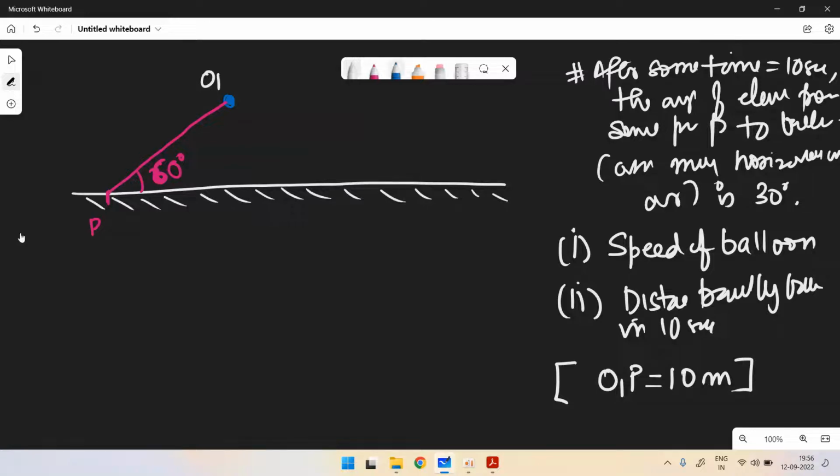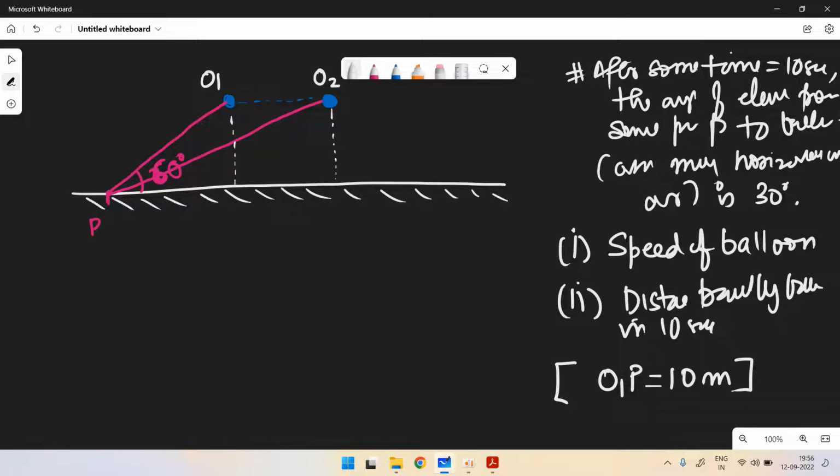Next time, this will be far from this, and since it is moving horizontally, this height will remain the same, and I suppose this is my O2.